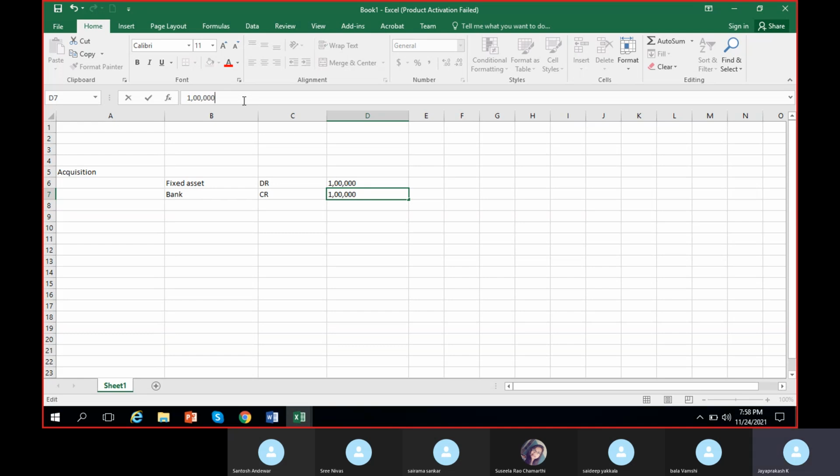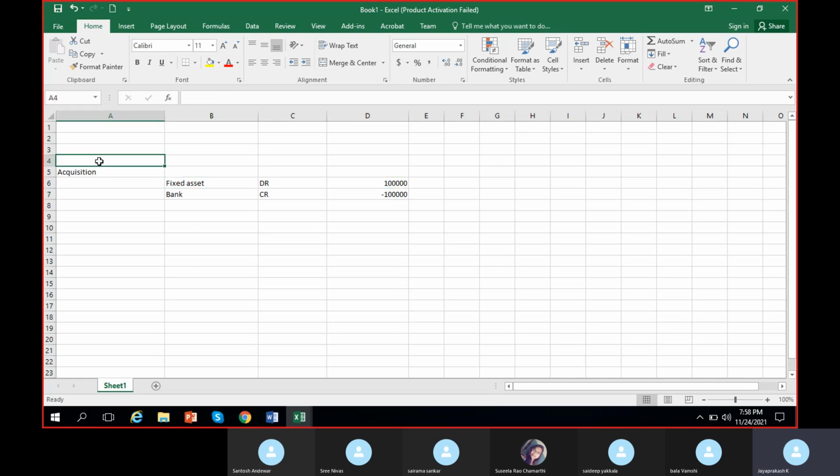I'll give the negative symbol in brackets so that it shows up as a negative number. I'll remove the commas just for the sake of explanation here. So fixed asset account will be debited and bank account will be credited.